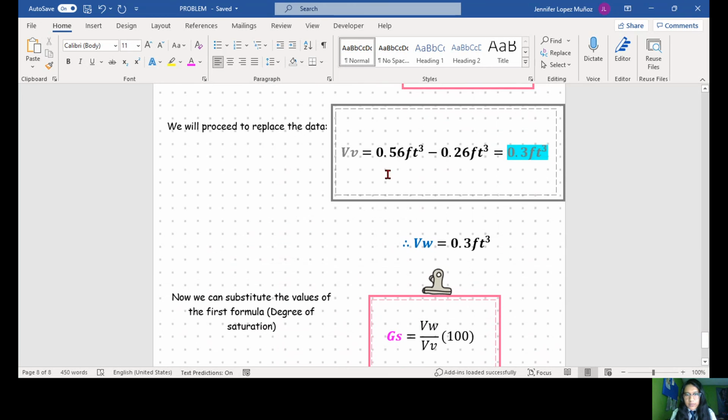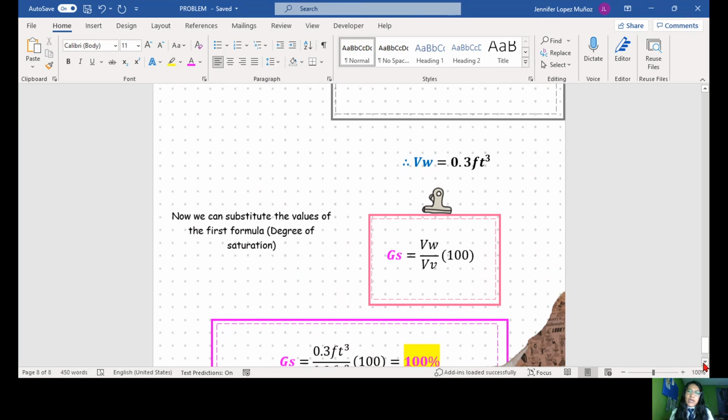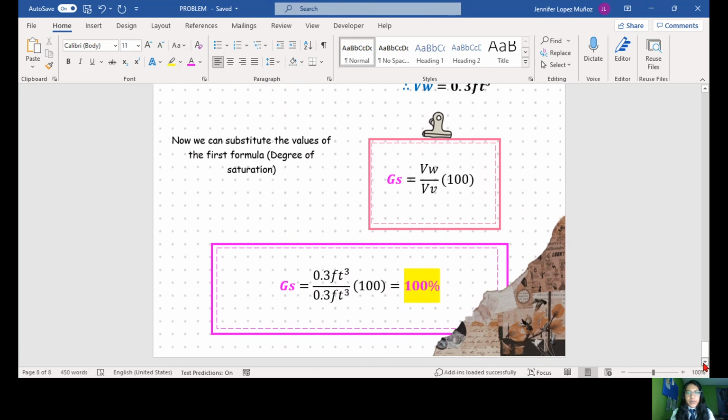So the water volume is equal to 0.3 cubic feet.